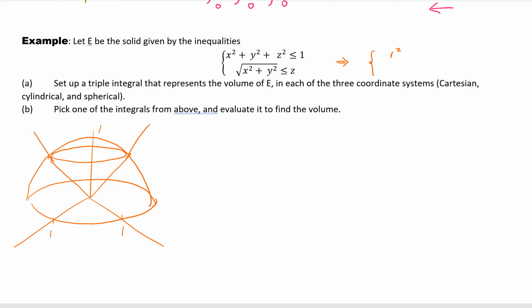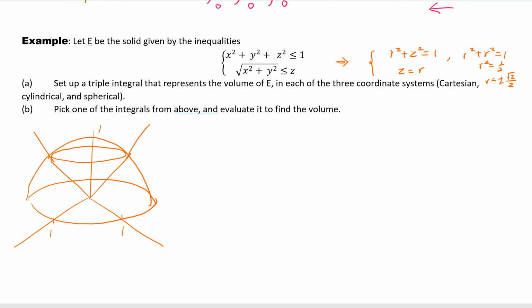So r squared plus z squared equals 1 and z equals r. We solve this system of equations. Plug in the second into the first, and we have r squared plus r squared equals 1. R squared is 1/2. R is plus or minus root 2 over 2.